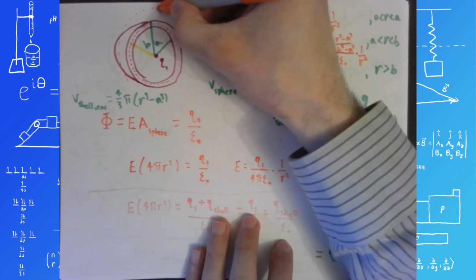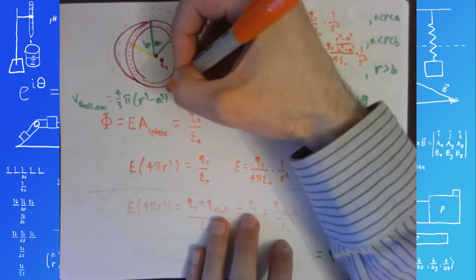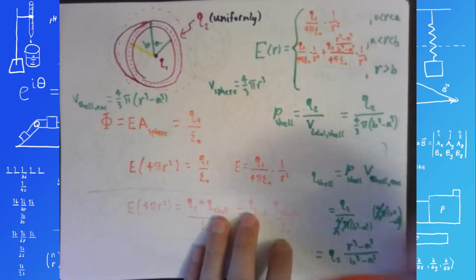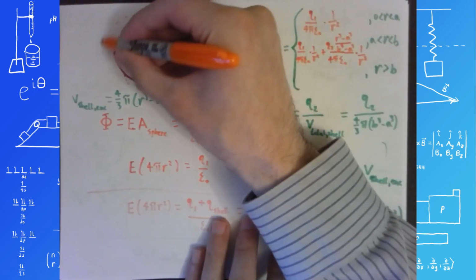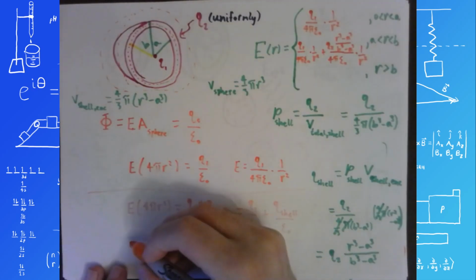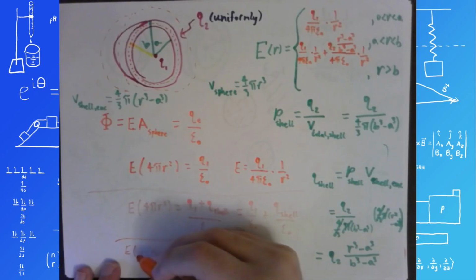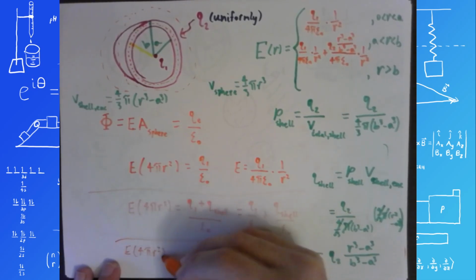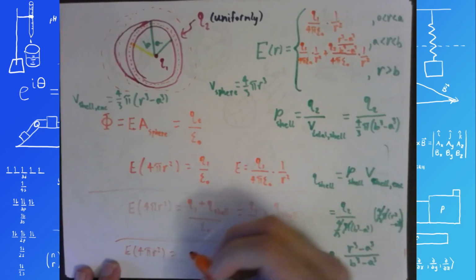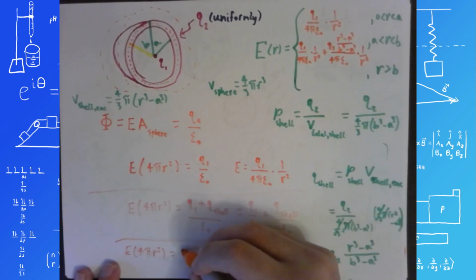And then for the third region of interest here, a Gaussian sphere of radius greater than b, it would just include all of the charge. So for that one, electric field times surface area of a sphere, 4 pi r squared, equals the total charge enclosed. Now there's no question about it.